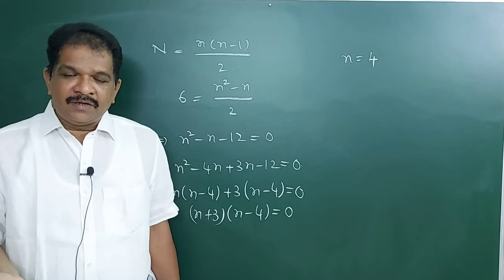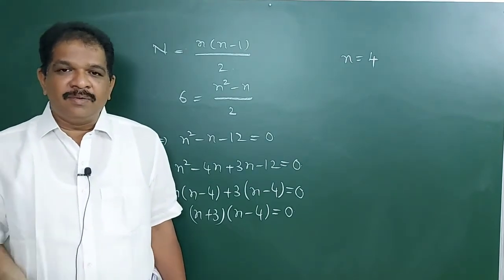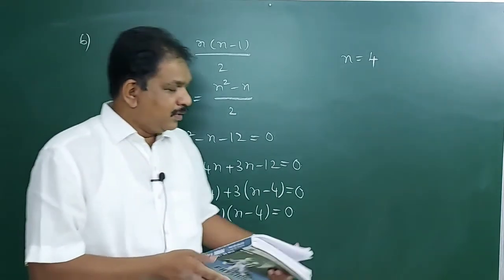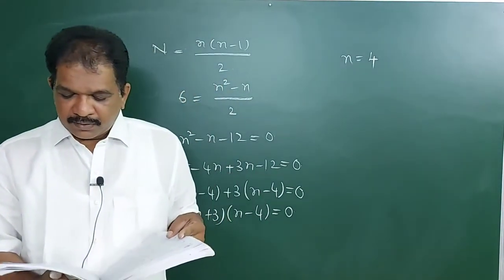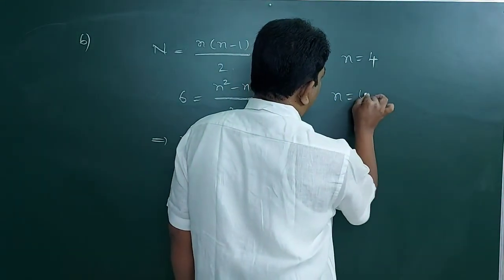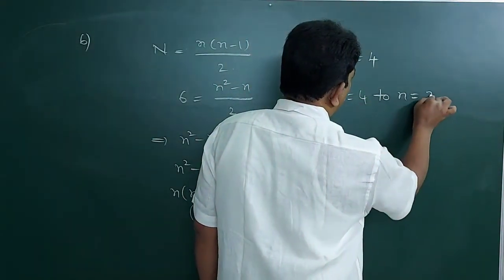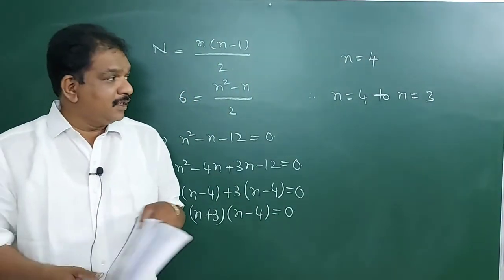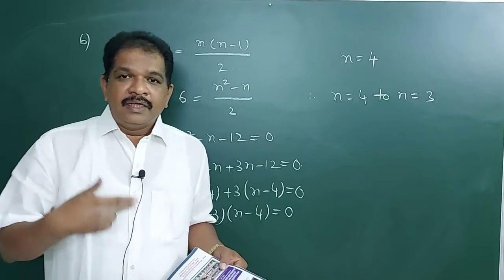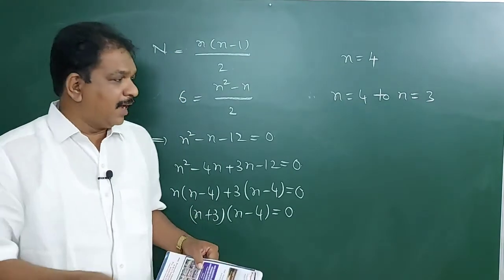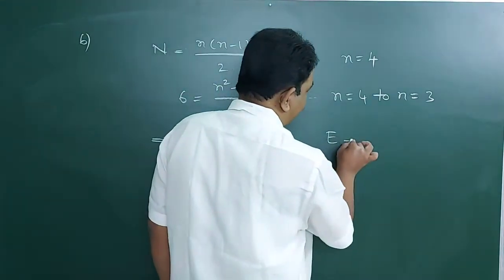To which orbit if it jumps will the energy be minimum? It should jump to the third. Okay. So therefore n equals 4 to n equals 3 will be the answer. Then energy released will be minimum. Energy released is minimum means wavelength will be maximum, because what is the formula?